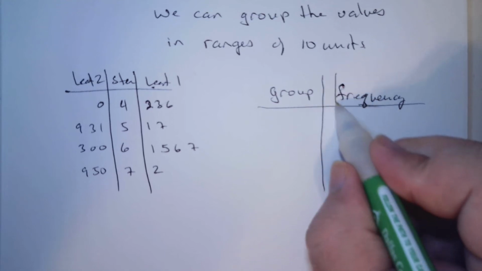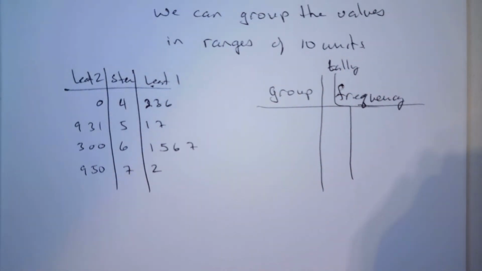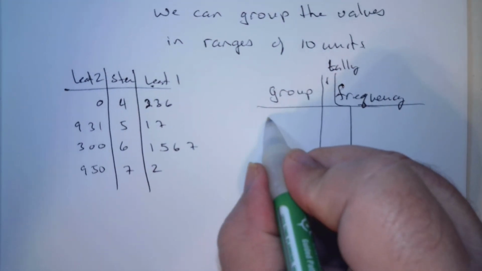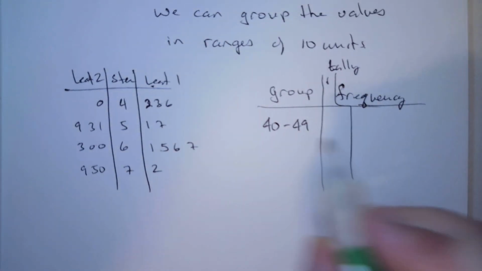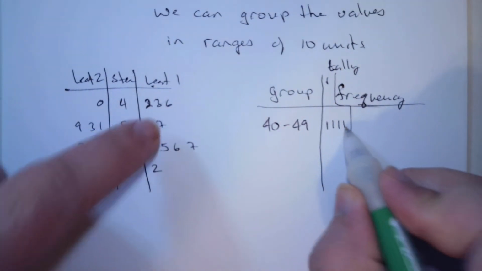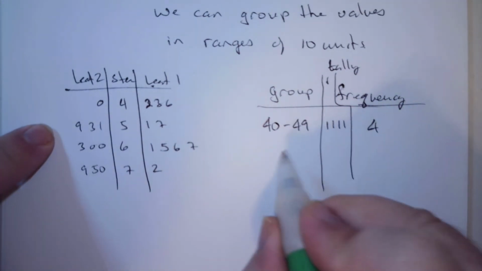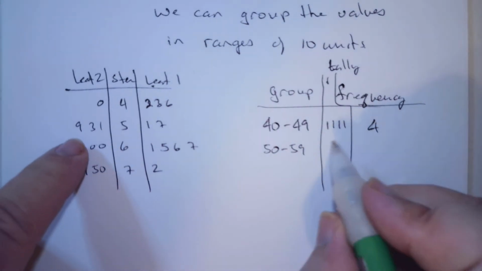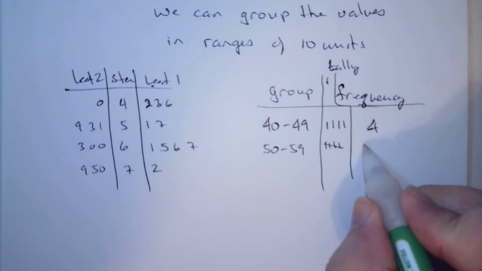Okay, actually before we do a frequency, we have something called the tally. The tally is here. So we have a group. This goes from 40 to 49. We have 1, 2, 3, 4. So it's 4. That's the frequency. And the numbers 50 through 59, that's this range. We have 1, 2, 3, 4, 5.